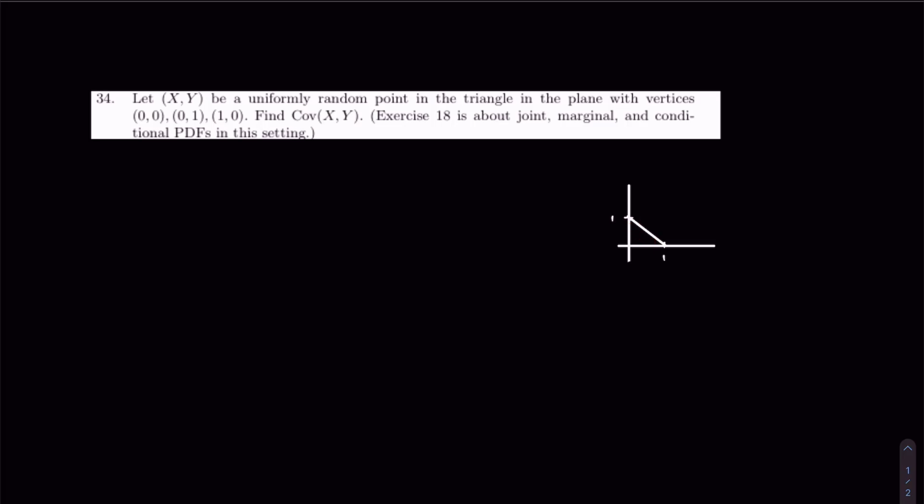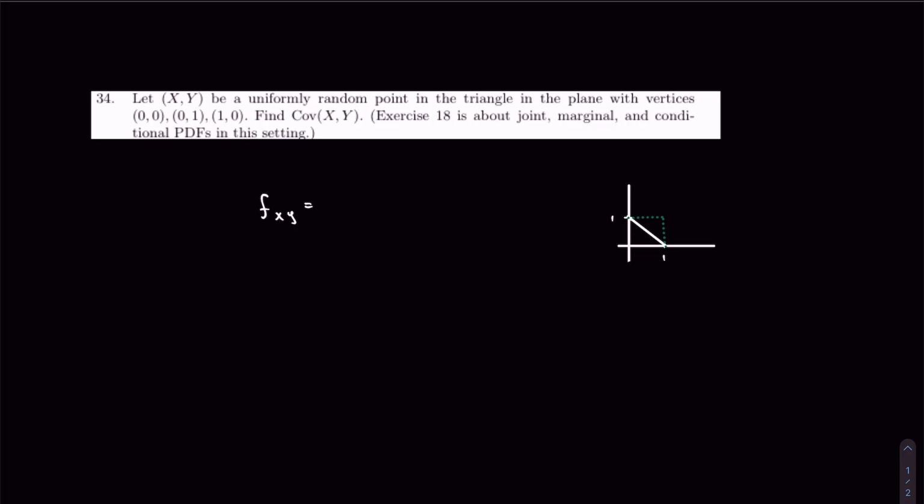So first of all, let's just rediscover the joint PDF of x and y. If this were a total square, we'd just complete a square like this, then it would be 1 times 1, right? So that area would be 1, and the area of the triangle then is half.